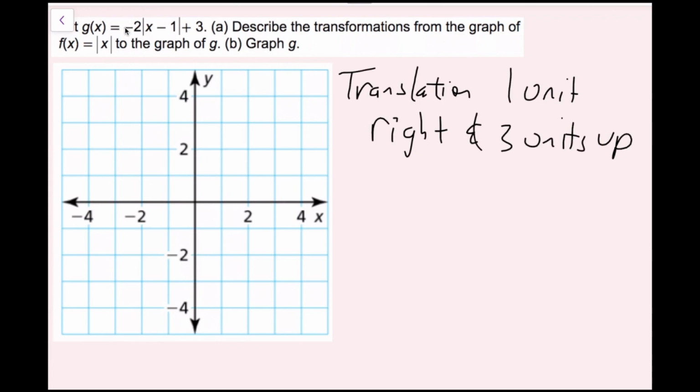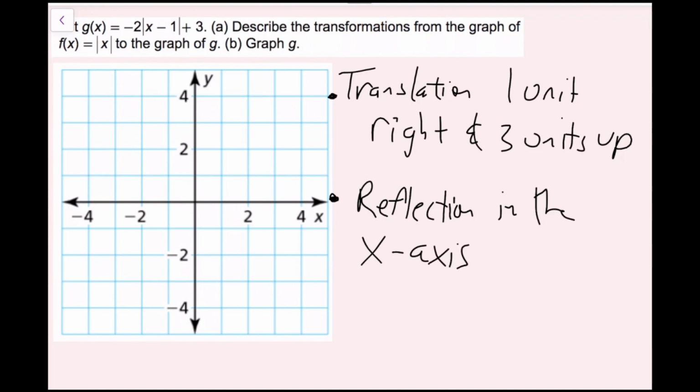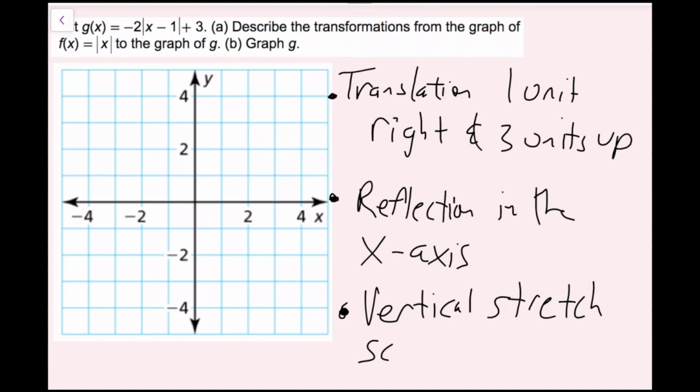I'm reflecting in the x-axis, so reflection in the x-axis, because that's what's acting as my mirror. And last, but definitely not least, we have a vertical stretch, and my scale factor is 2. So with a scale factor of 2.